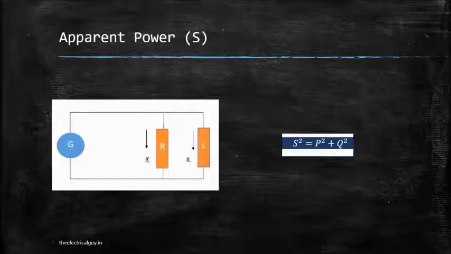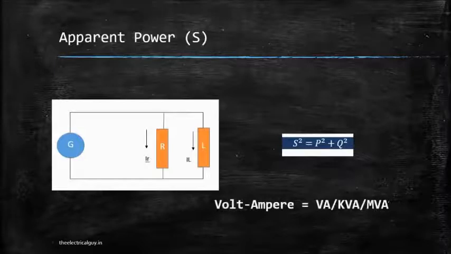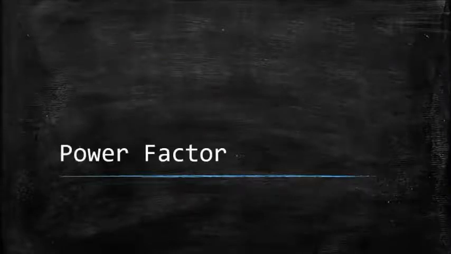So simply, if we want to define what is apparent power, we would define it like this: apparent power is the combination of active power and reactive power, and it is measured in volt ampere, simply VA, or kVA, kilovolt ampere, or MVA. You will find the rating of transformer which is generally denoted by the apparent power, that is in kVA or MVA.